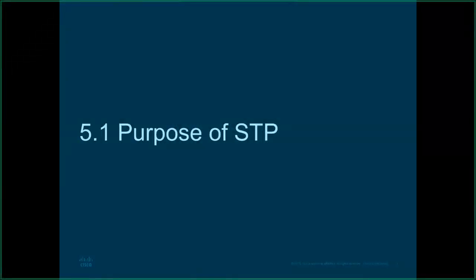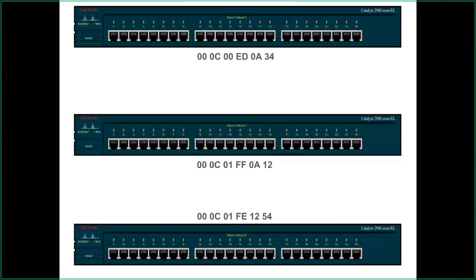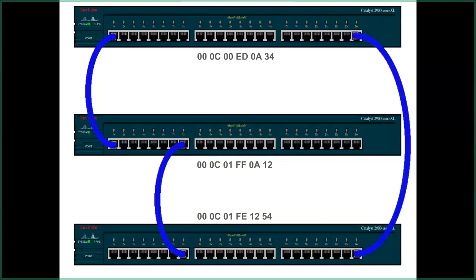So the purpose of spanning tree can be displayed like this. You got the switches, you turn them on, plug a cable in. So you go from top, middle to bottom, and to be fully redundant, we'll also go from bottom to top.